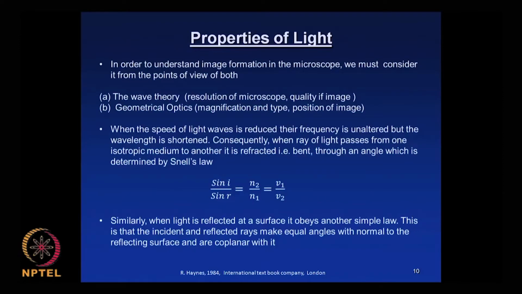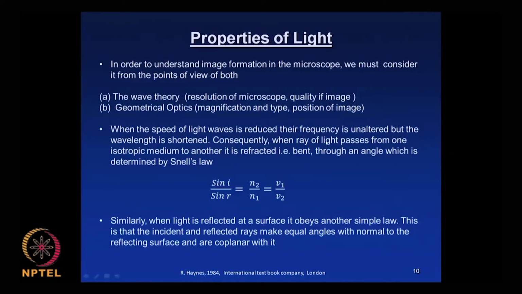If you look at the basic laws of light or electromagnetic radiation, the first one we always consider is that when the speed of light waves is reduced, their frequency is unaltered, but the wavelength is shortened.